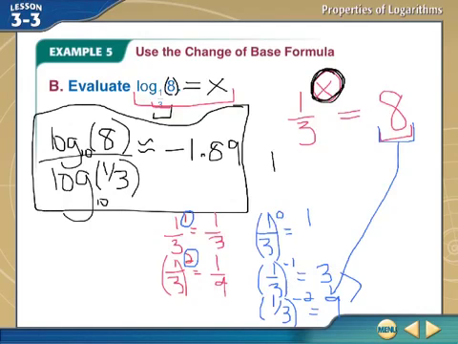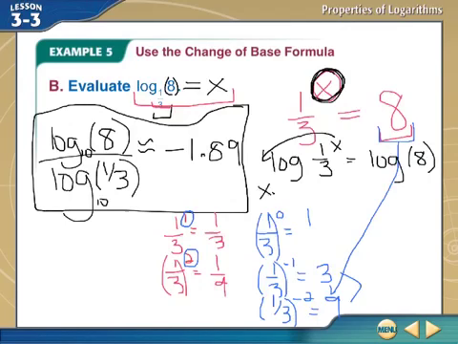So I would take the log of both sides here, and I'm going to use log base 10, or a common log. And then I can apply the properties of logarithms and move the power down out in front, and I get x times log of 1/3 equals log of 8.